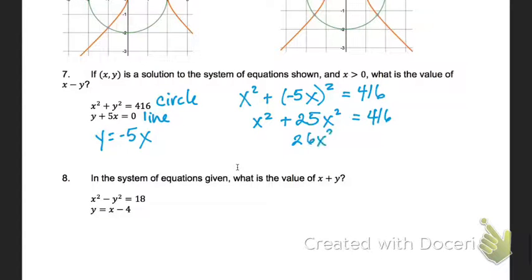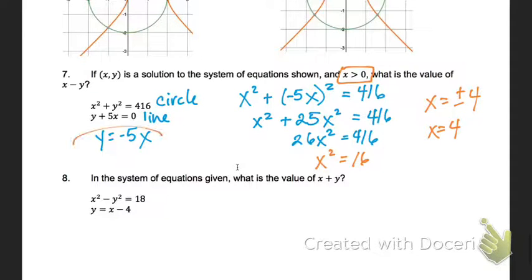So 26x squared equals 416. What is 416 divided by 26? And x equals plus or minus 4. Now, it tells me in the problem that x is greater than 0. So it has to just be the positive one.